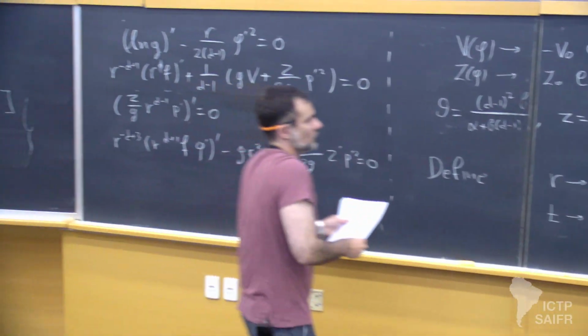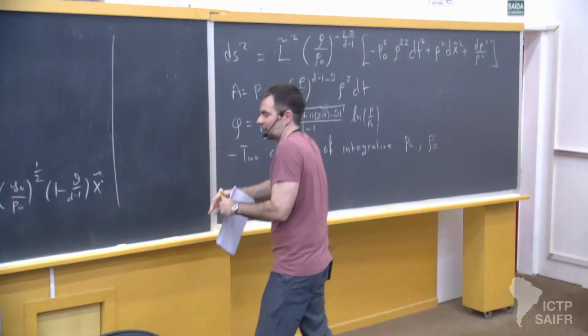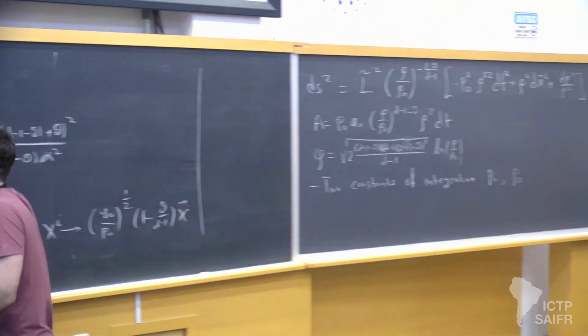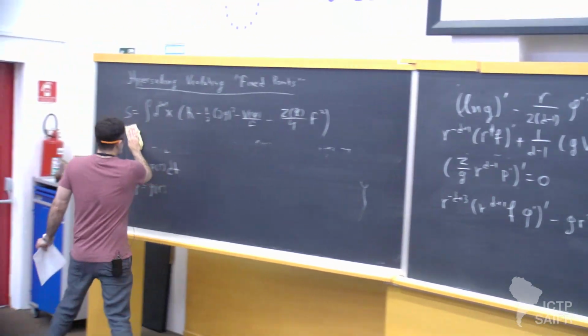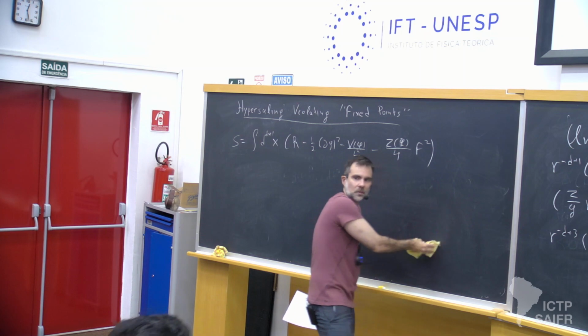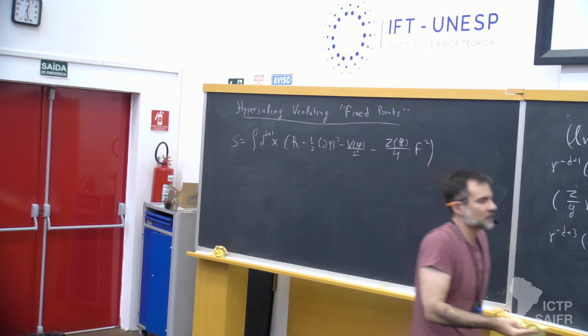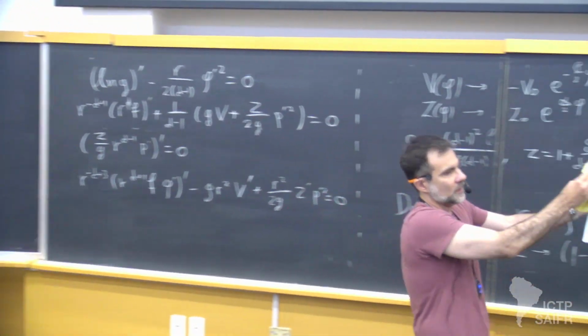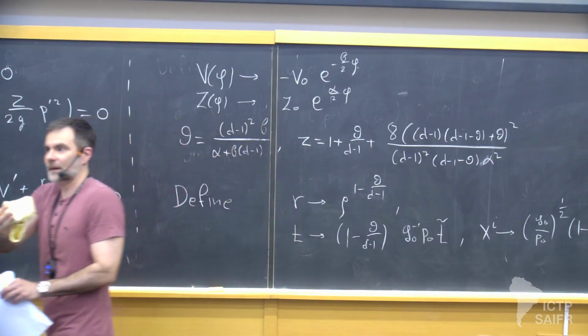Okay, so this is just the kind of hyperscaling violating geometry I could have as a fixed point, but I want to be able to connect it somehow to the UV fixed point, right? As an infrared geometry, this is fine. It is just sitting there, but somehow I want to connect it to AdS.